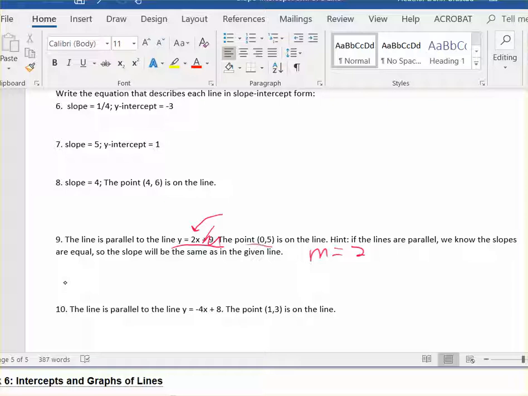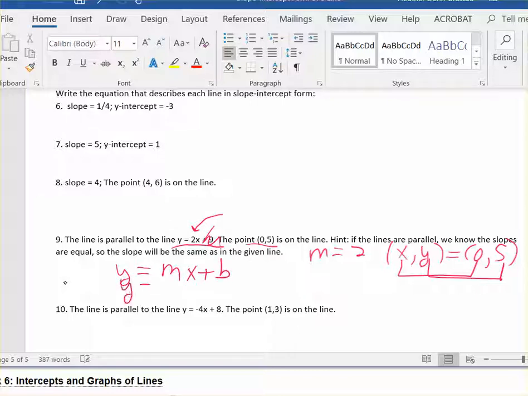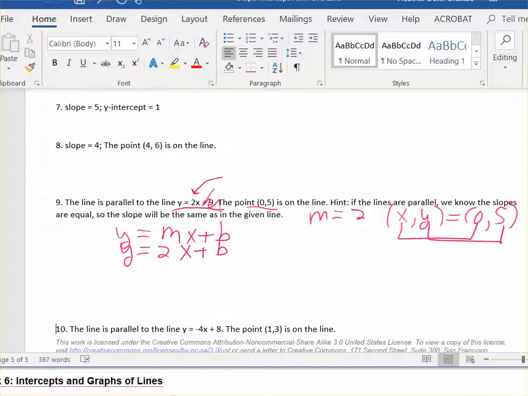We also have a point on the line. So that's x, y is equal to 0, 5. So x is 0, y is 5. So when I write y equals mx plus b, we can replace m with 2. We don't know b, but we are given a point on the line. So now I can replace y with 5 from the point, from right here.